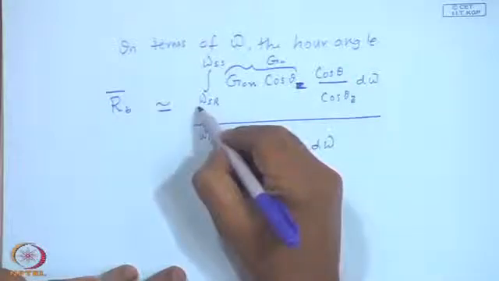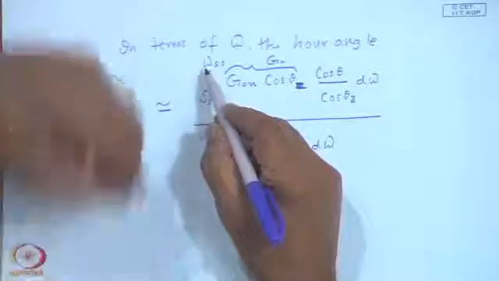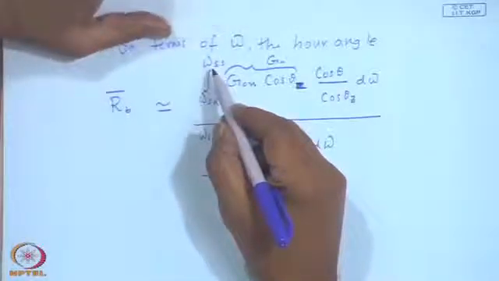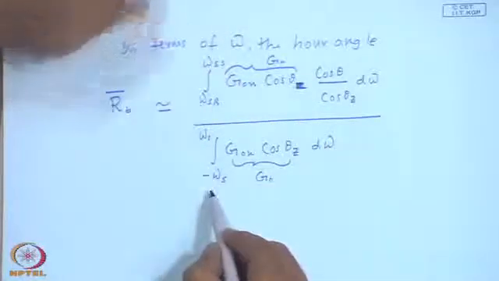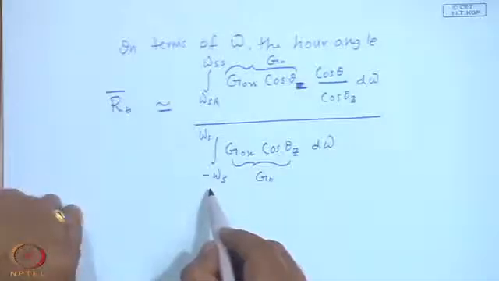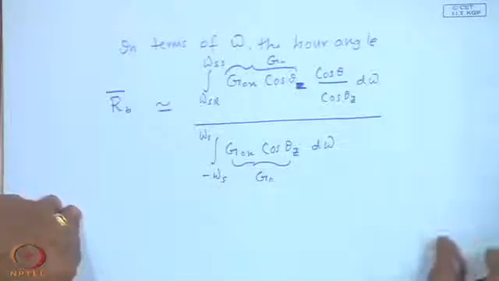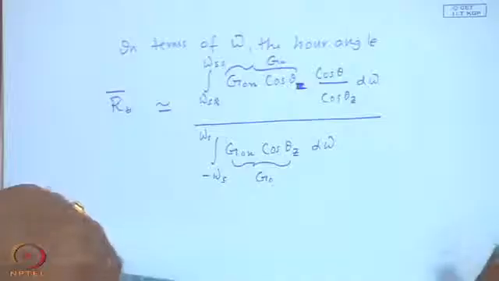I am now distinguishing that the tilted surface may not see the radiation all the time as the physical sun sees the horizontal surface above the horizon. Okay, so let me rewrite it.